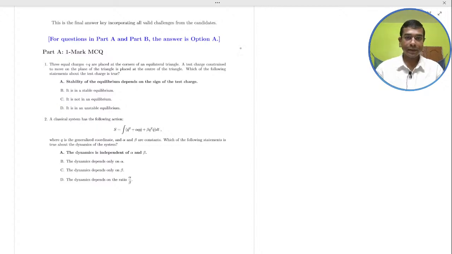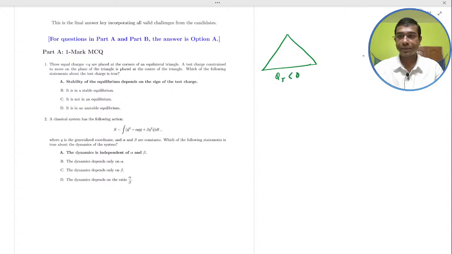So here, for the solution, this is one triangle where the test charge Qt is negative, and here is another triangle where the test charge is positive.